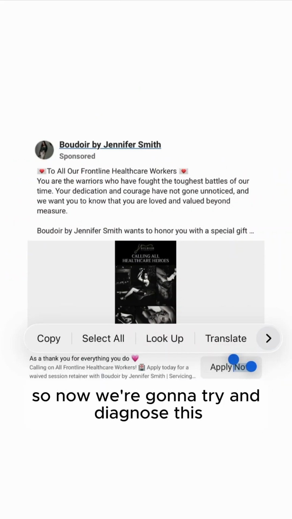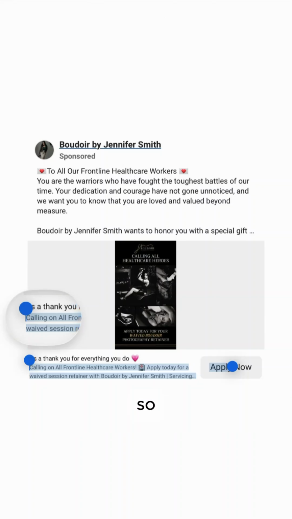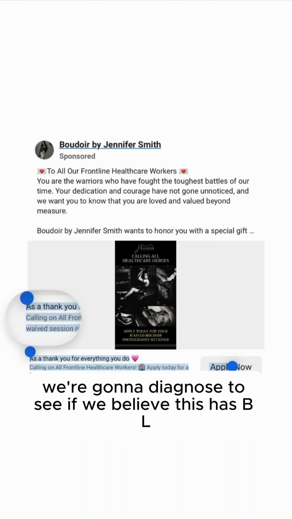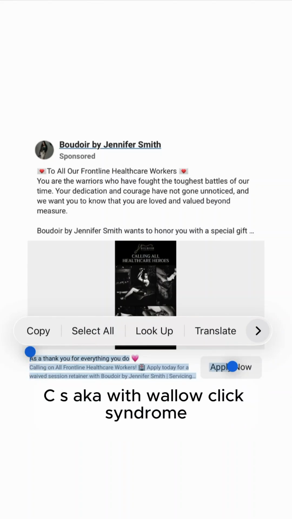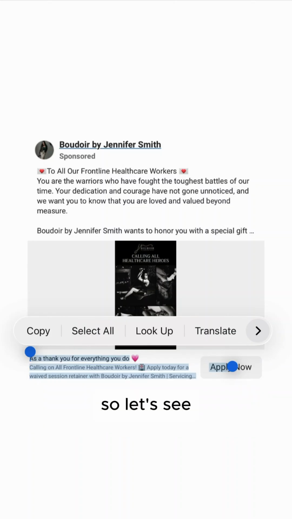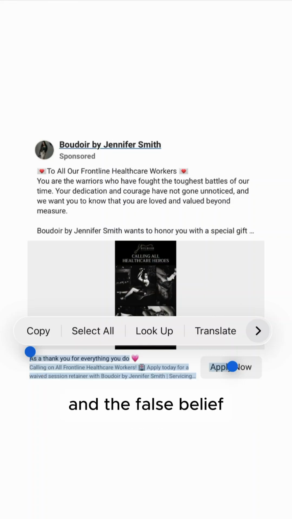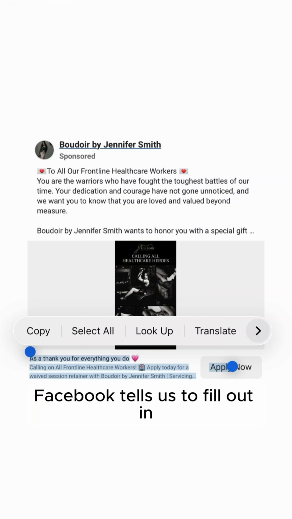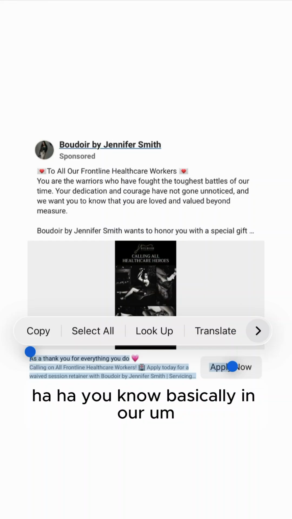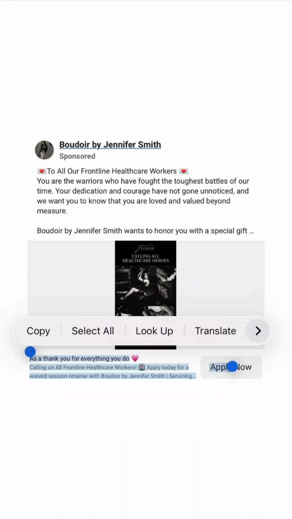So now we're going to diagnose this, if we believe this has BLCS, aka Boudoir low click syndrome. So let's see. We've got the below creative cluster mistake here. And the false belief that caused us to make this mistake is filling out everything Facebook tells us to fill out in our Facebook ad manager.